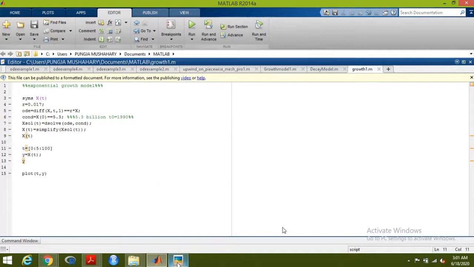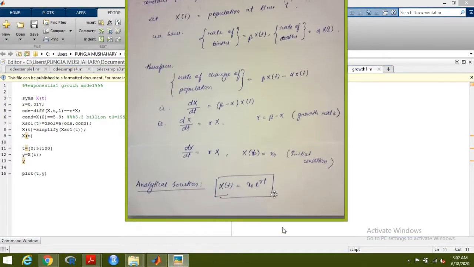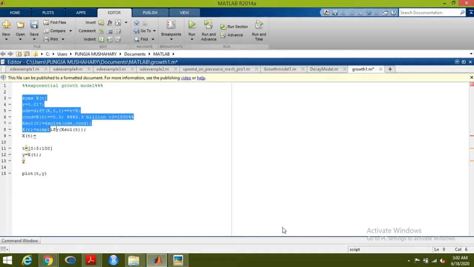Now you see one more thing. When you have this analytical solution, as you have done in the decay model, you can also use this analytical solution directly here, putting x equal to whatever the equation is, then you will not require all these things.